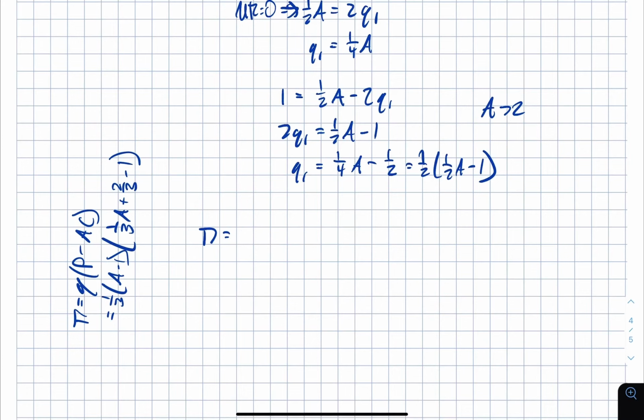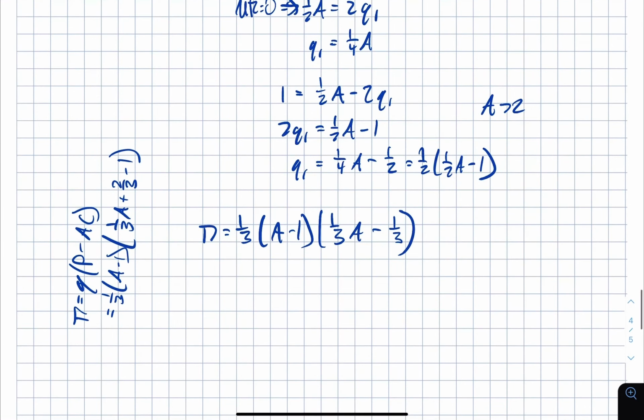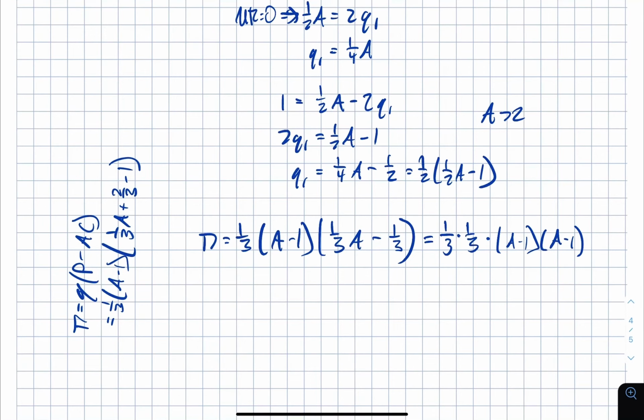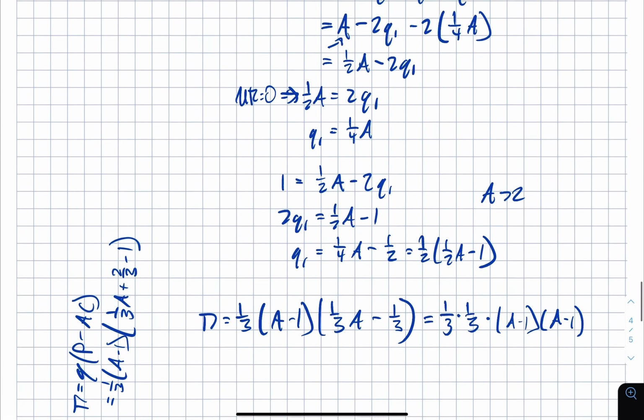Actually, we just want 1/3 A minus 1, 1/3 A minus 1/3. Okay, so we can pull 1/3 out. Write this as 1/3 times 1/3 times A minus 1 times A minus 1. So as long as A is greater than 1, then profit is positive.